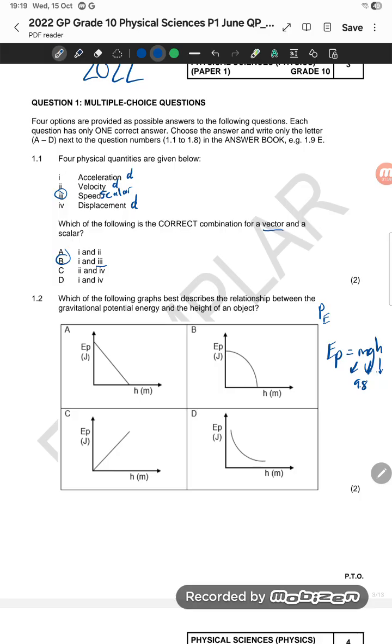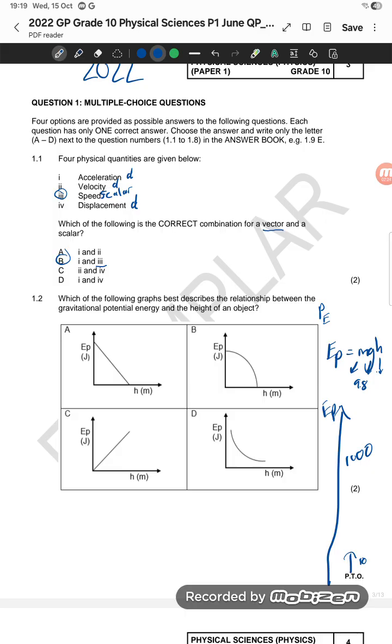So how heavy that thing is, the gravitational potential it has on it, and the height above, because your potential energy increases the more height you have. If I've got 10 meters or if I've got 1,000 meters, this one's going to have more potential energy with the same mass. Okay, which of the following graphs best describes the relationship between the gravitational potential energy and the height of an object?